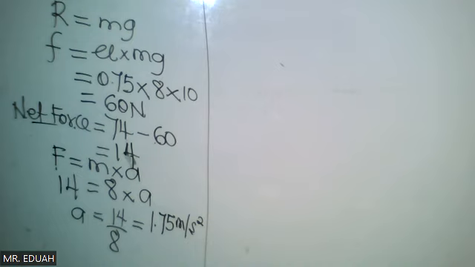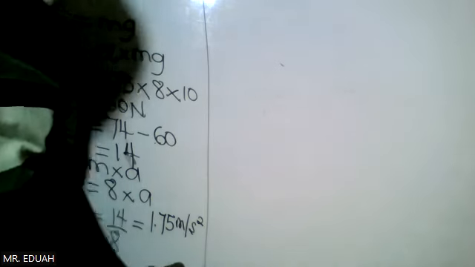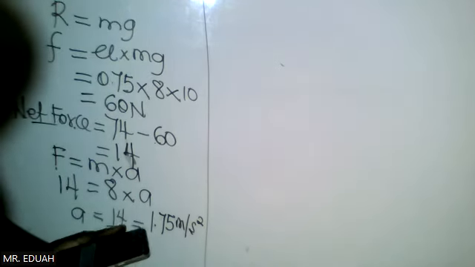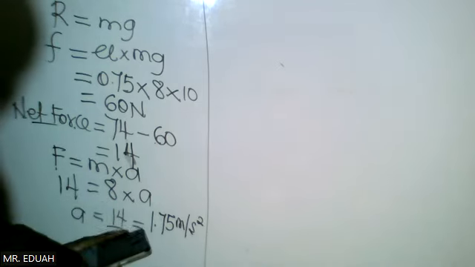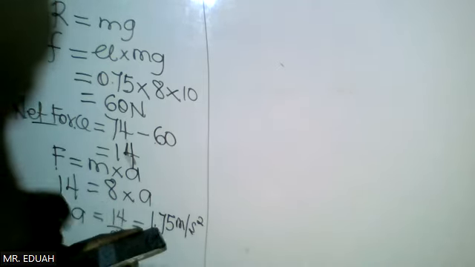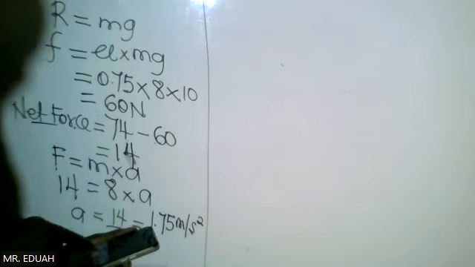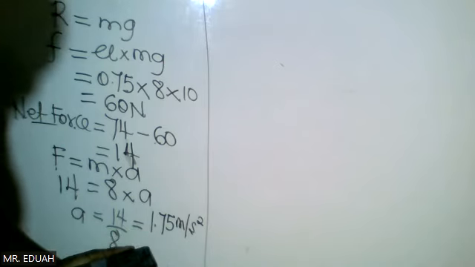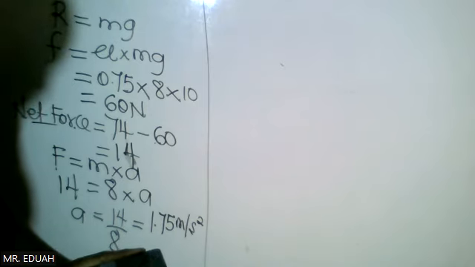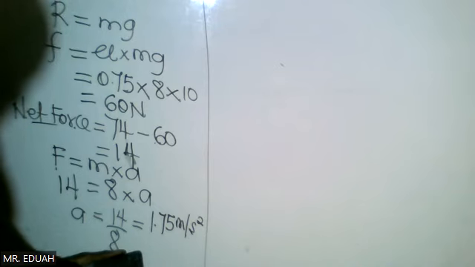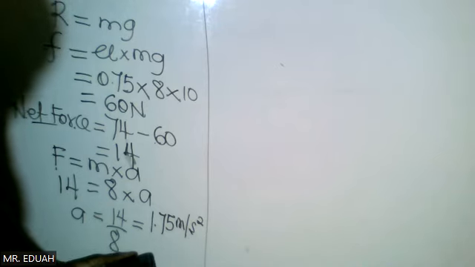The next question, which is question 1. A particle of mass 8 kilograms is being pulled along the ground by a string inclined at 30 degrees to the horizontal.